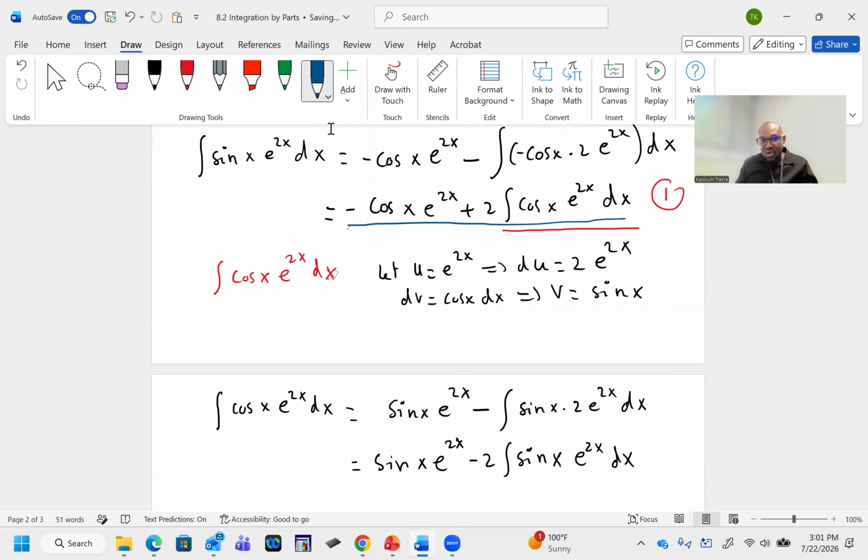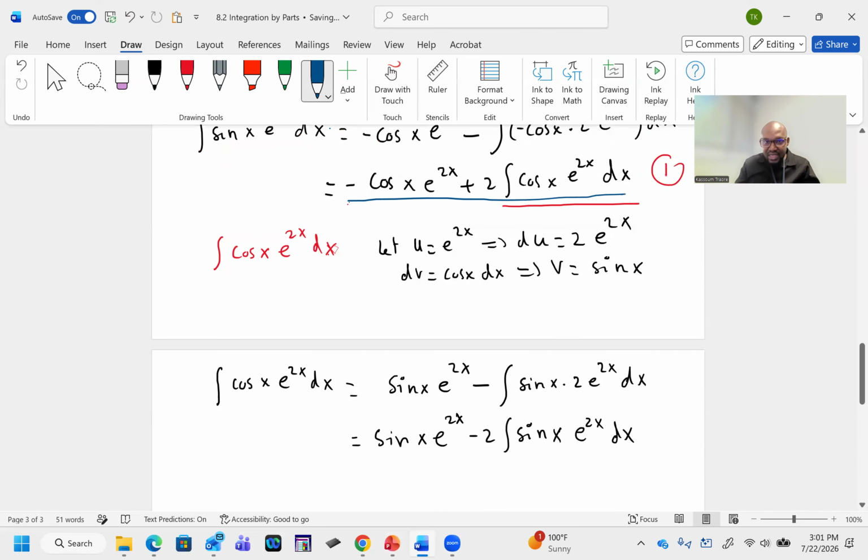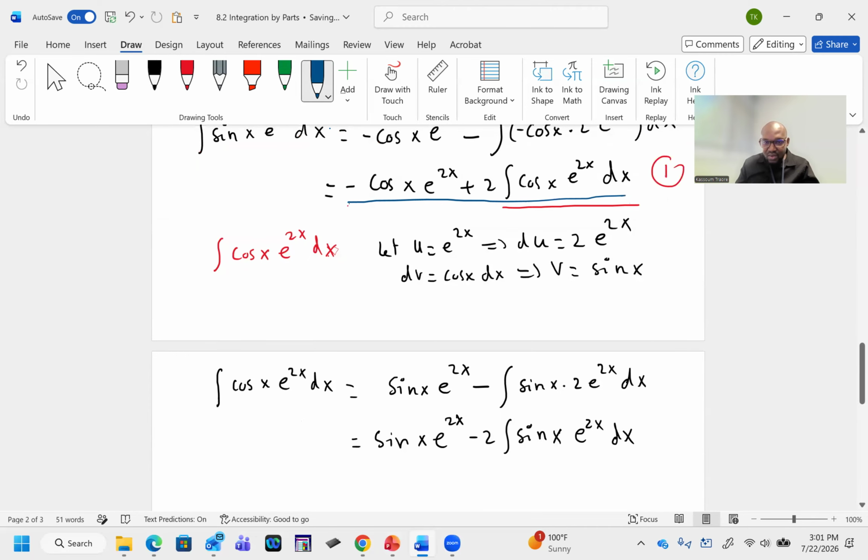So, or we just solve cosine of x e to the power of 2x from that equation, which is this one, and then we got this. So I'm going to substitute now my integral of cosine of x e to the power of 2x dx right here.